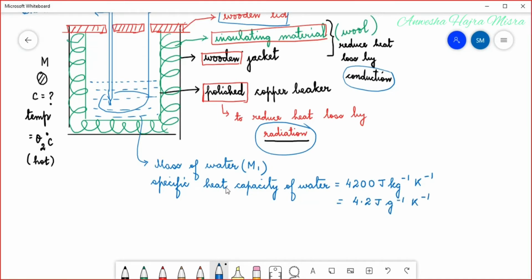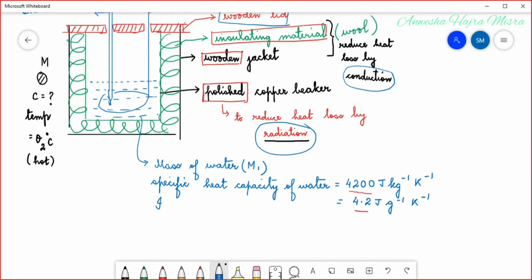That means to heat 1 gram of water by 1 degree Celsius, we need 4.2 joule. Or to heat 1 kg of water by 1 degree Celsius, we need 4200 joule.